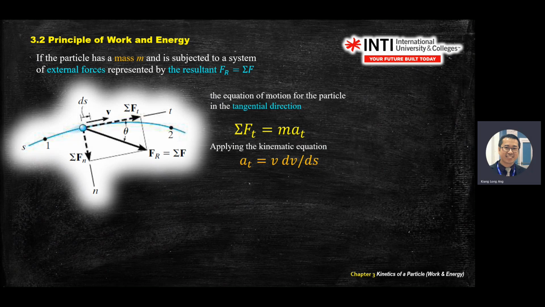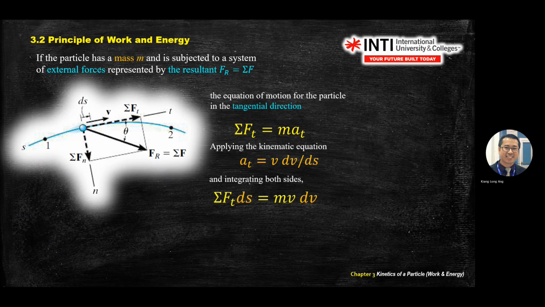You use back the definition, a equal to v dv over ds, from the equation I wrote on the whiteboard here. You move the ds to the right hand side. You integrate. So you put a equal to v dv into the equation on the top. You rearrange. You get F ds equal to mv dv.